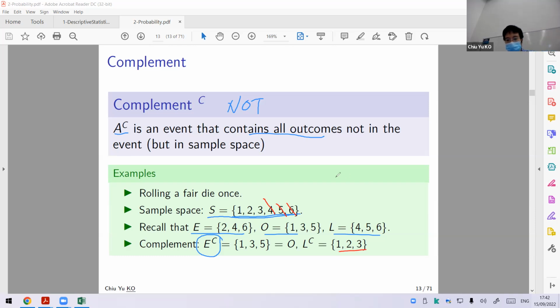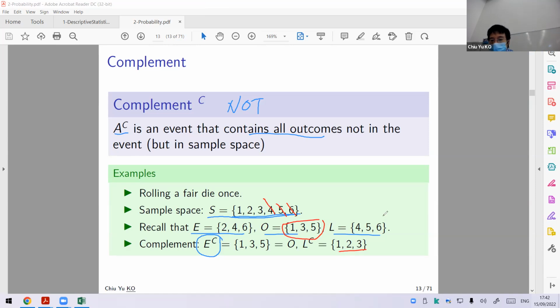The complement of O is just E, because it is not odd, it is even. A number is either even or odd. You kick out 1, 3, 5 from the sample space, and only 2, 4, 6 remain, which is even.